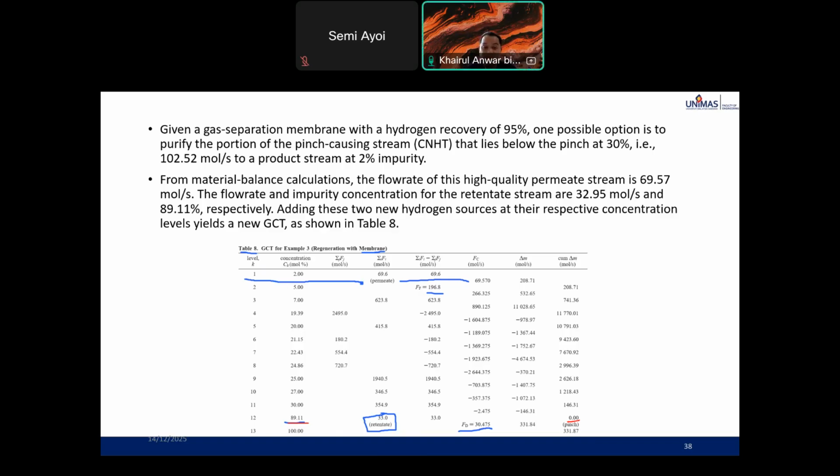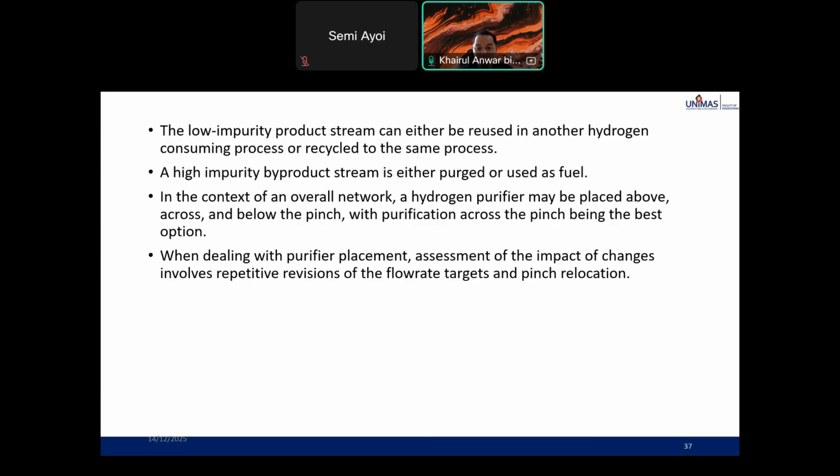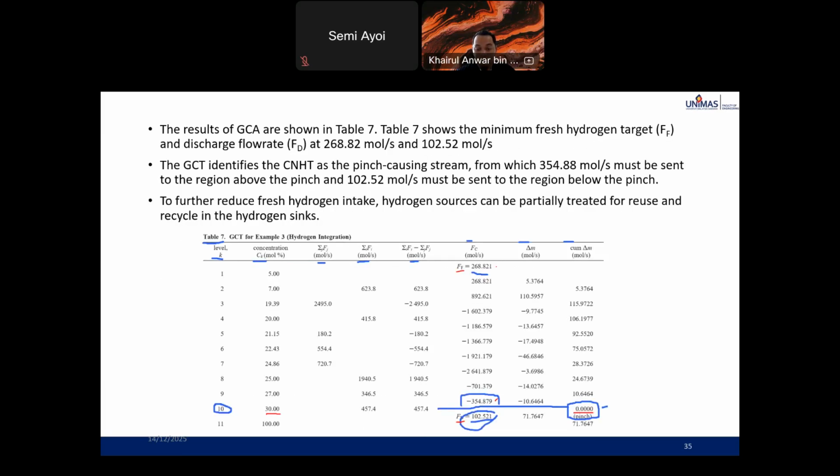Okay, explain again. You see here 95% average, since the feed from the hydrogen integration is around 102.